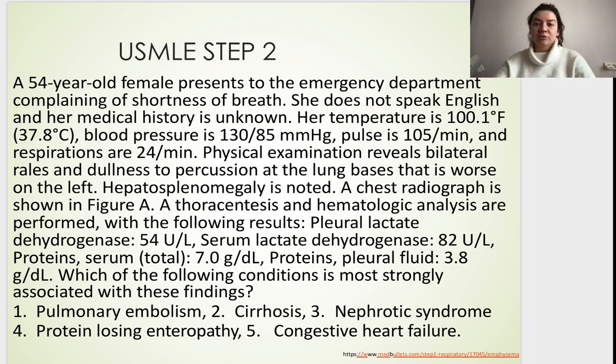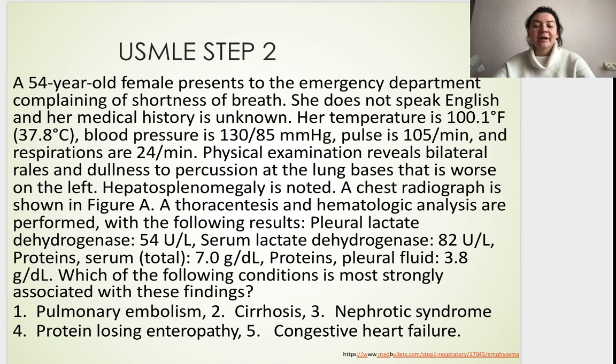Physical examination reveals bilateral rales and dullness to percussion at the lung bases, more on the left. Hepatosplenomegaly is noted. A chest radiograph is shown in the figure. There's no figure here.